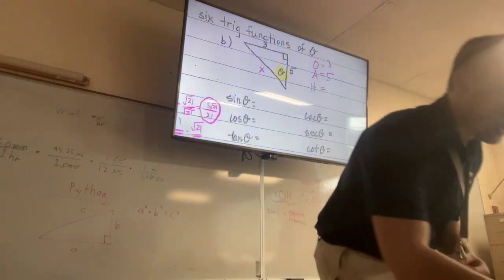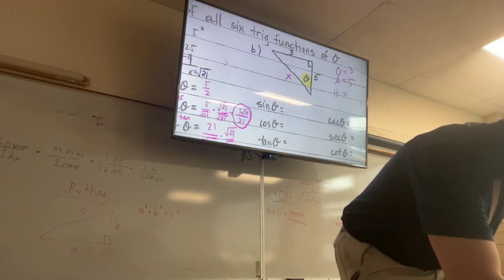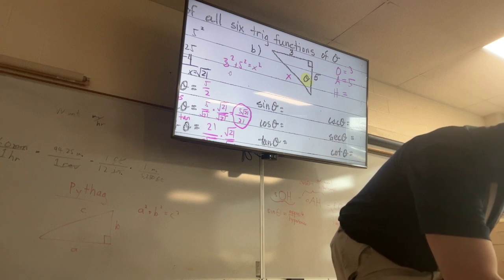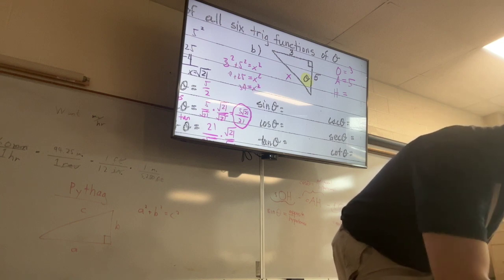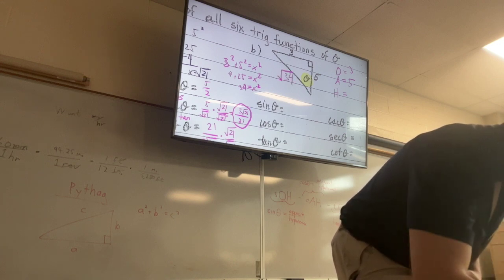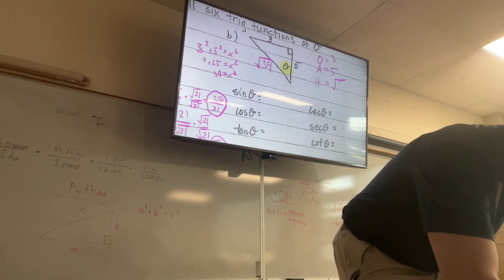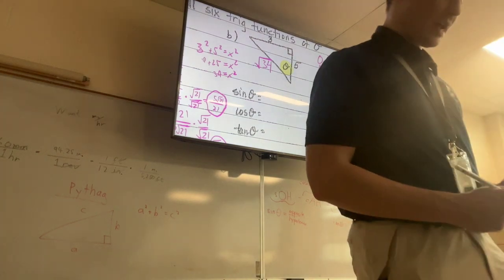Pythagorean theorem, yep. So 3 squared plus 5 squared equals x squared. That's 9 plus 25 equals x squared. That's 34 equals x squared. So x is going to be the positive square root of 34. So h is the positive square root of 34.